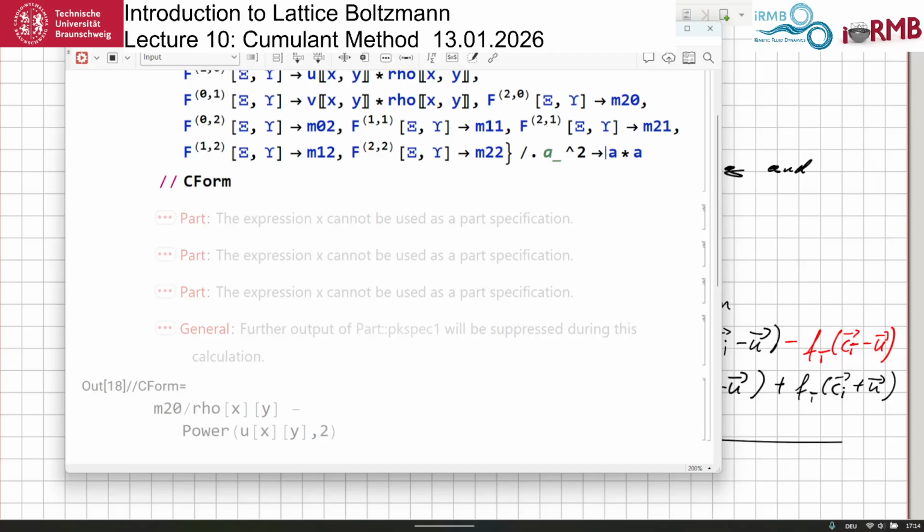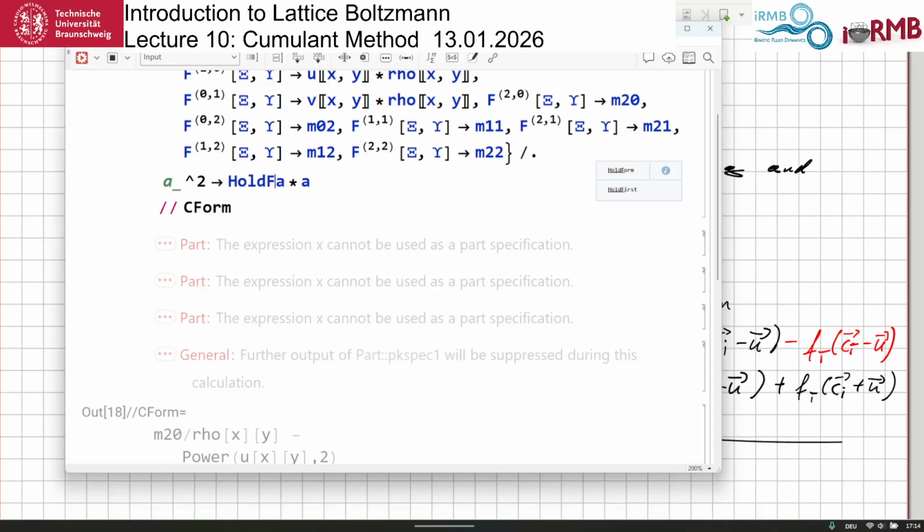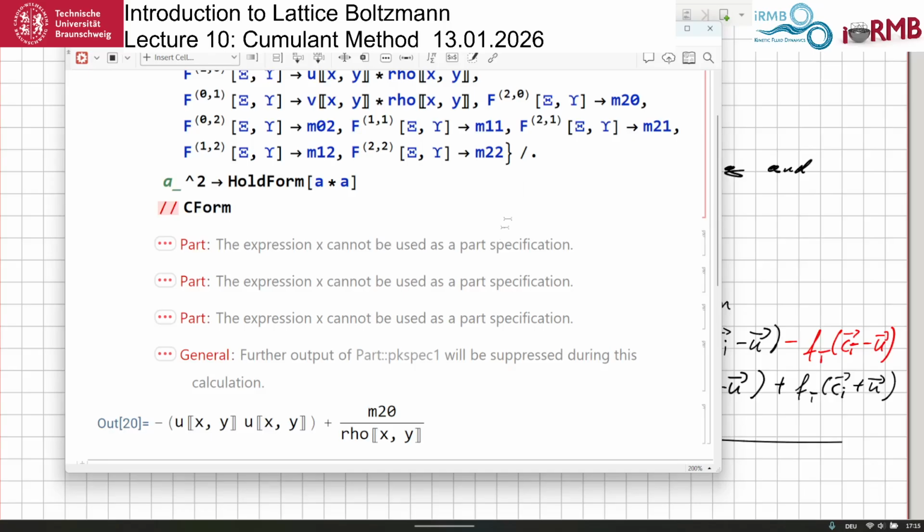Now, unfortunately, it would immediately write this as a square, but we can prevent this by hold form. I think we've already done this in the previous lecture, yeah? So, hold form.